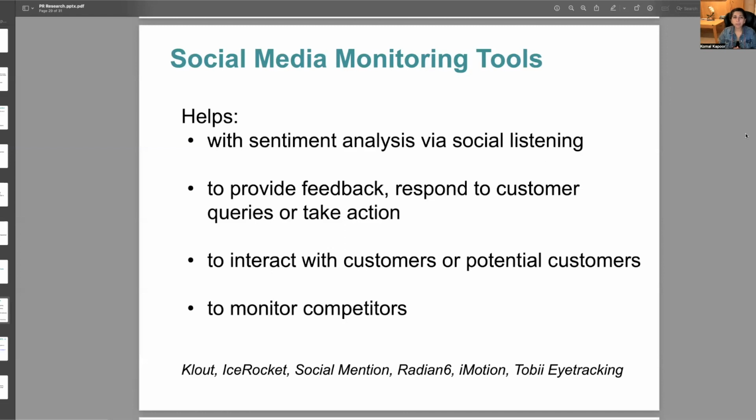Sometimes what social media monitoring tools do also is they tell you if somebody has commented on something. And if it is a negative comment, you could immediately respond back. Sorry, I'm so sorry you had such a bad experience. What can we do to fix it? Or thank you so much for this feedback.